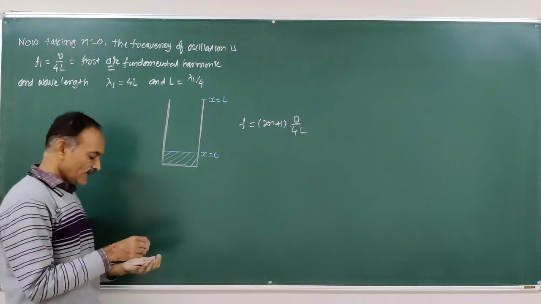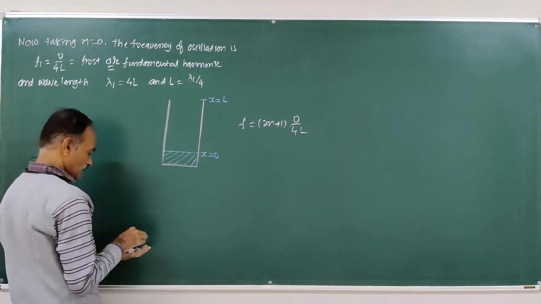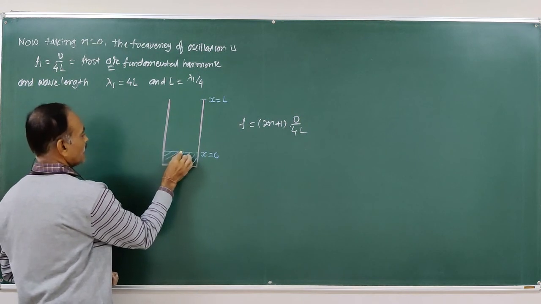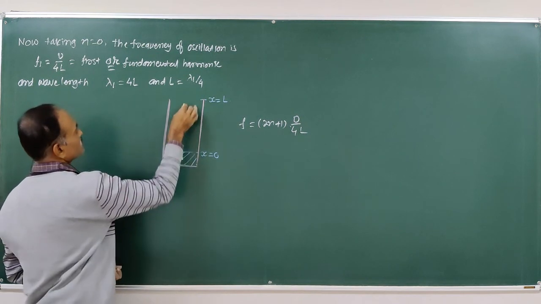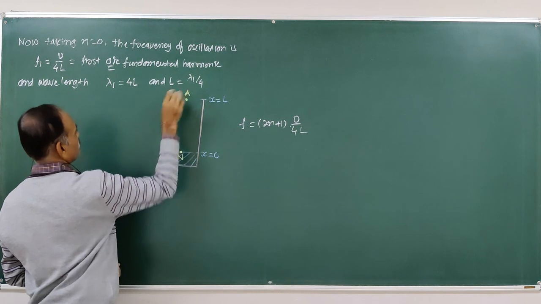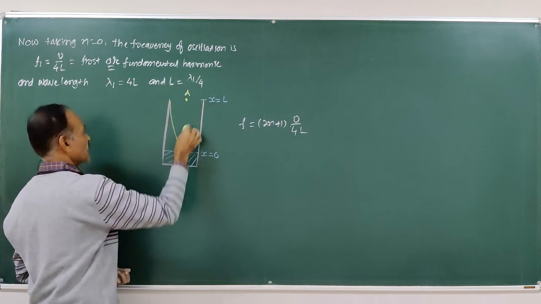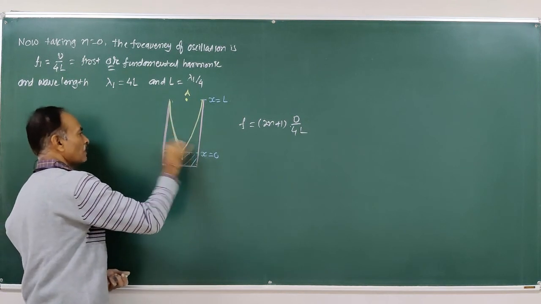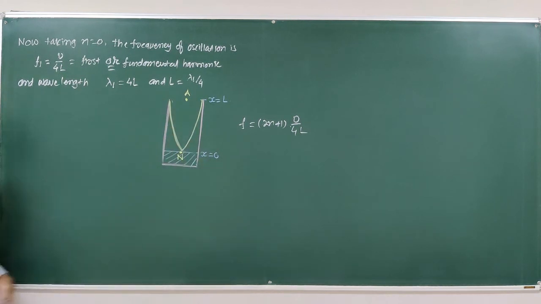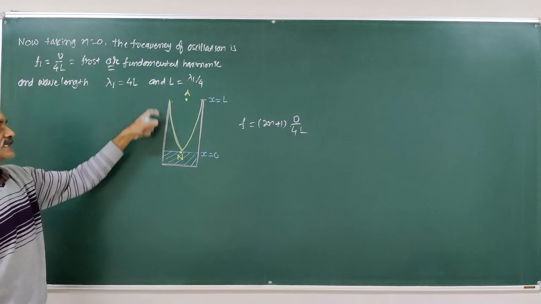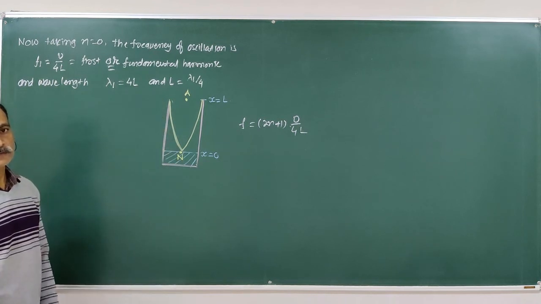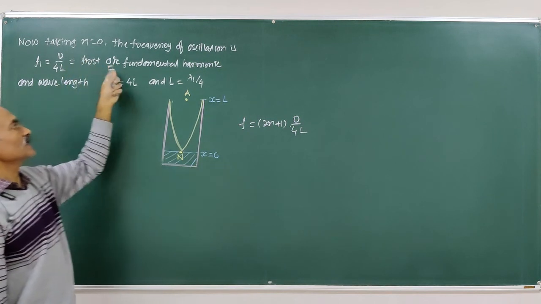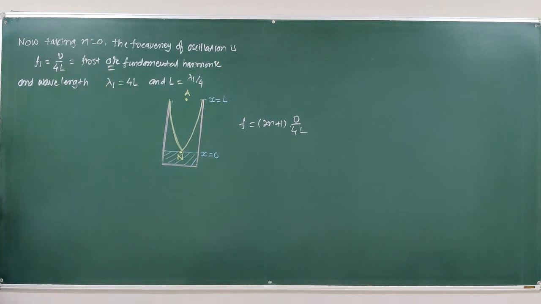Here there is the node point, and the open end acts as an antinode. Therefore, the format is like this. This mode of oscillation takes place in the air column this way. There is the λ by 4. This F1 is known as the first or fundamental harmonic.